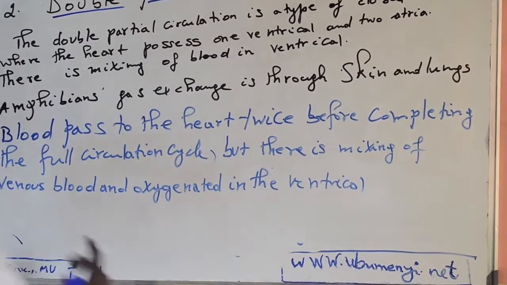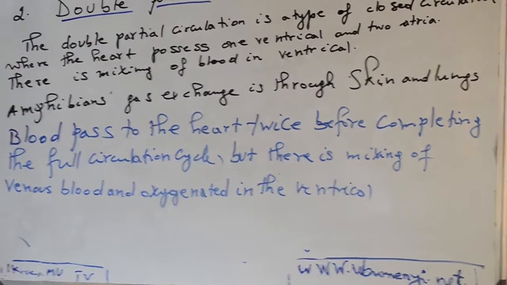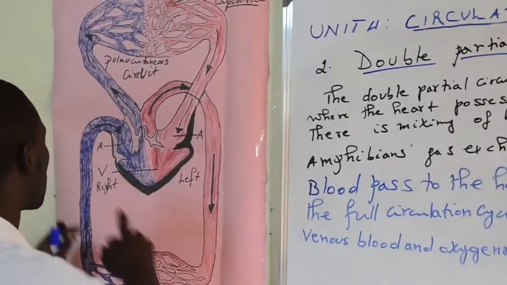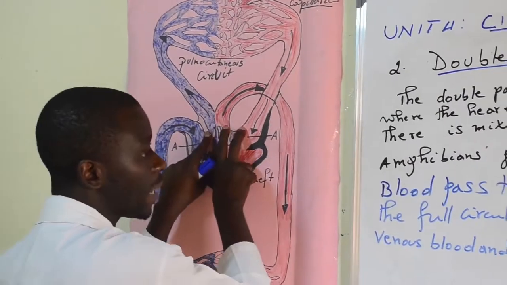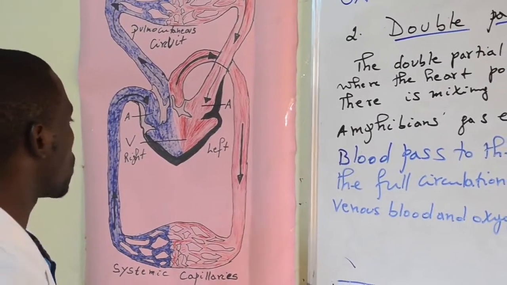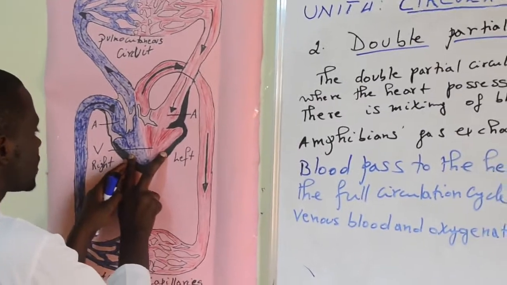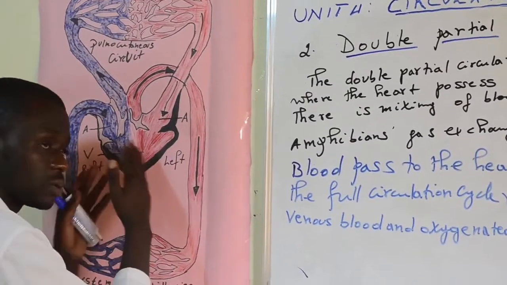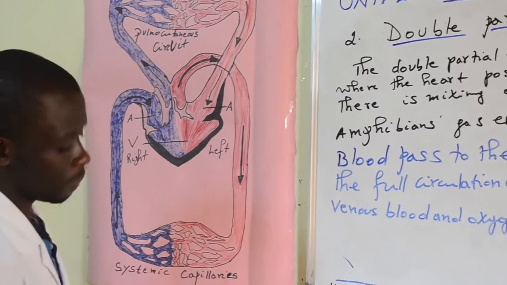And this is certainly why we call it double partial circulation. It's double because blood passes to the heart twice, and it's partial because we only have one ventricle where there can be mixing of these two types of blood.